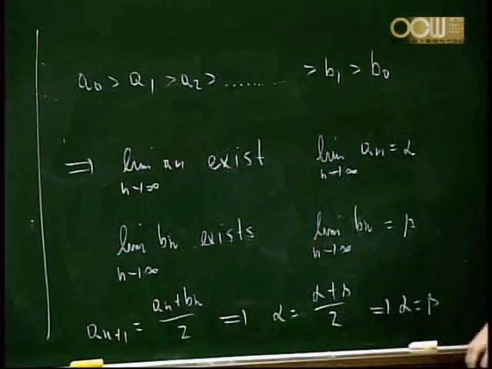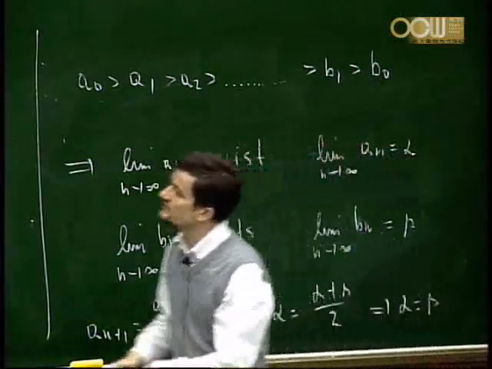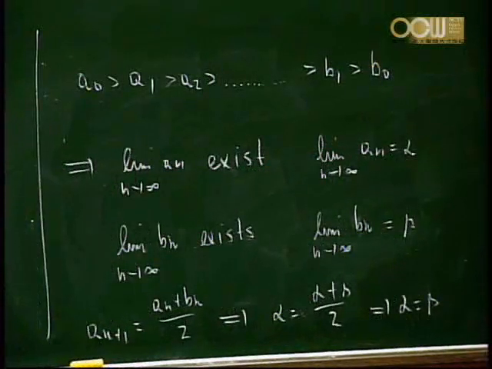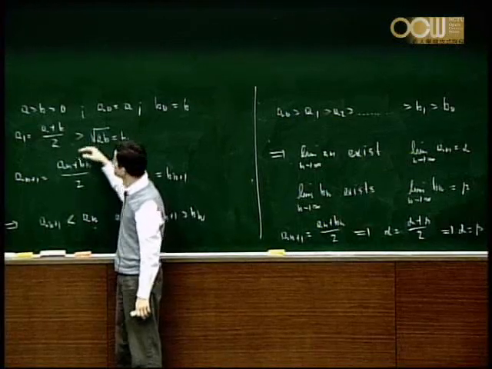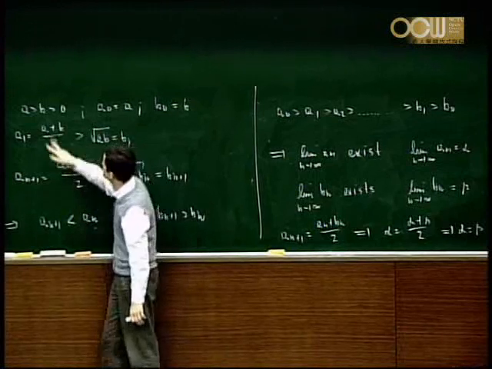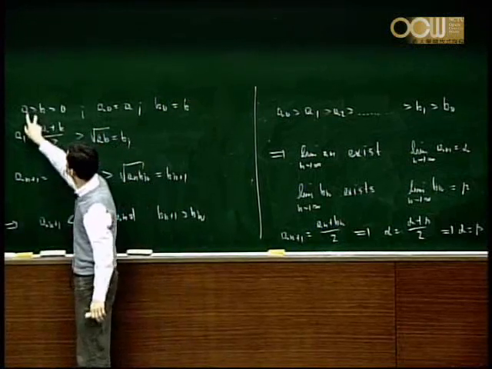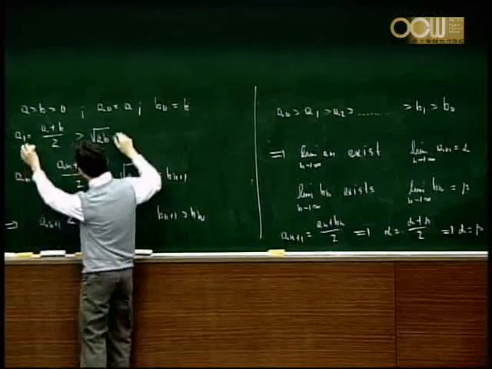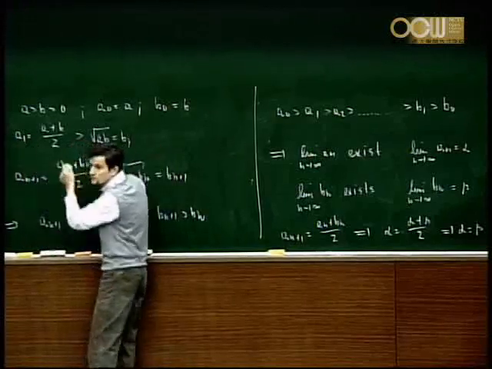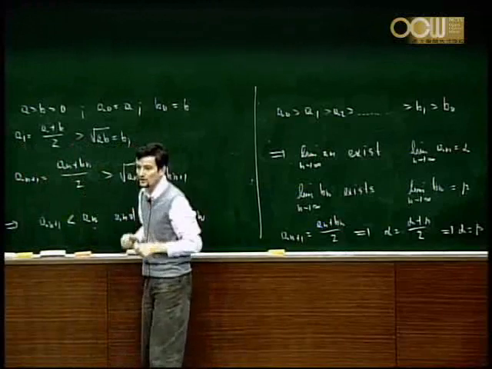Now, you know from high school that this here is called the arithmetic mean, and this here is called the geometric mean of the two numbers a and b. So if you start with two numbers, you compute first the arithmetic mean and the geometric mean, and then for the new two numbers, you again compute the arithmetic and geometric mean, and so on.